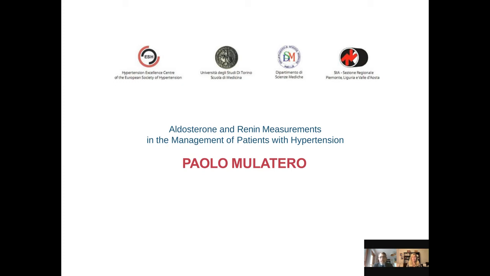And if you have a condition that is not essential hypertension, you will be treated by a drug that is not good for you. So you will have a much lower success in controlling blood pressure level, and you even miss the possibility of being cured by adrenalectomy if you have a unilateral form of primary aldosteronism.